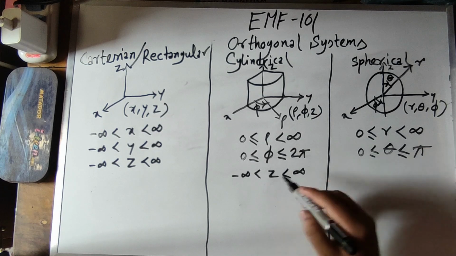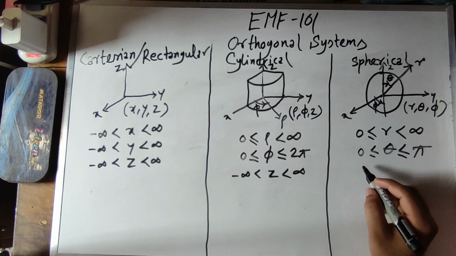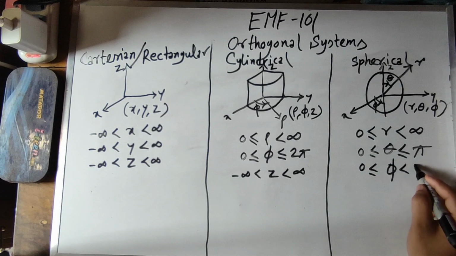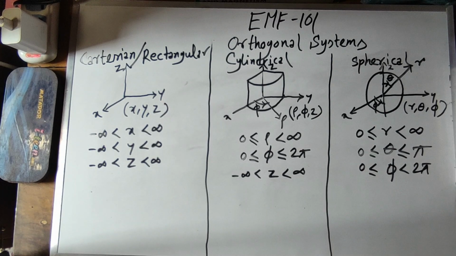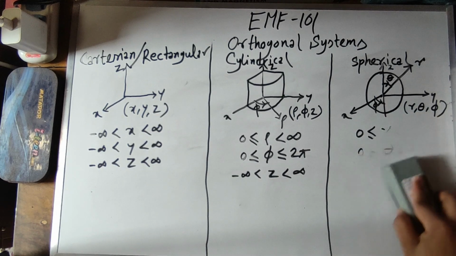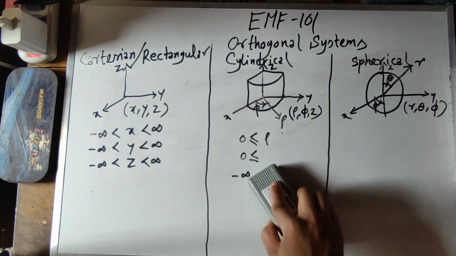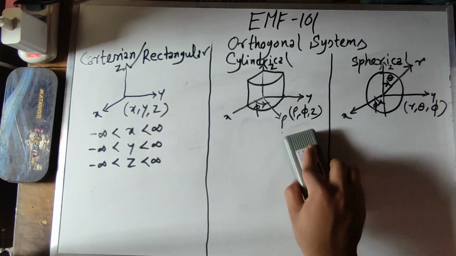And phi is the same as phi of the cylindrical system, 0 to 2 pi radians. These are the ranges. Now we are going to discuss the relationships among the variables of the three orthogonal coordinate systems.